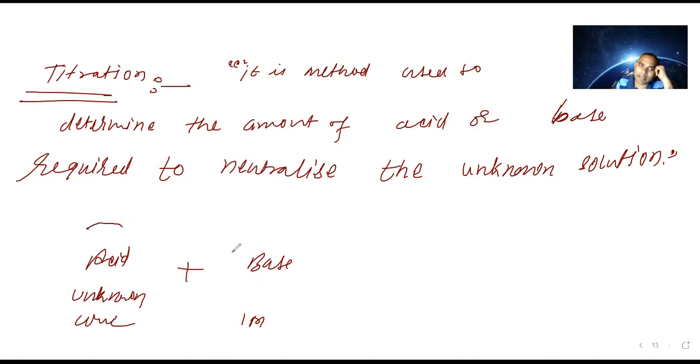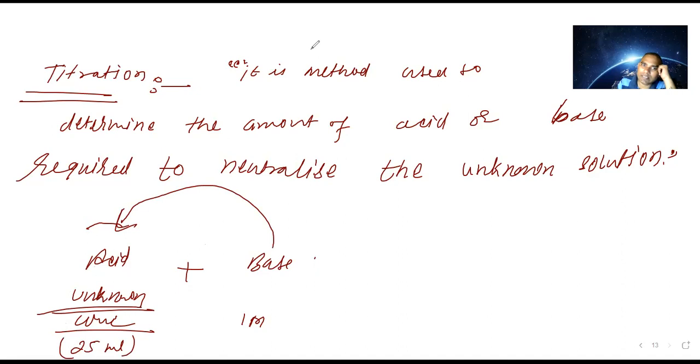So the question is how much base you use to completely neutralize the particular unknown concentration of 25 ml of this acid. They are asking for that amount. These types of things are known as titration.